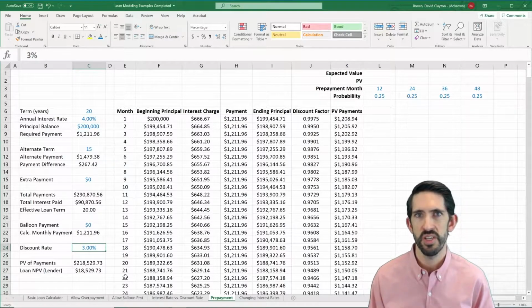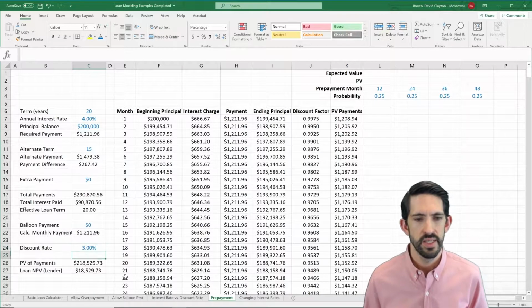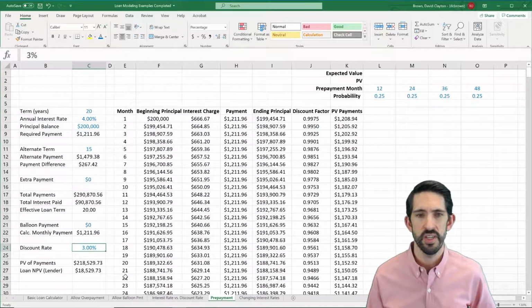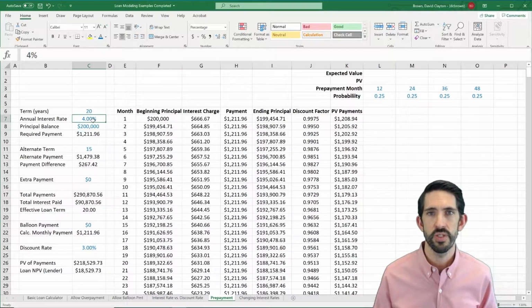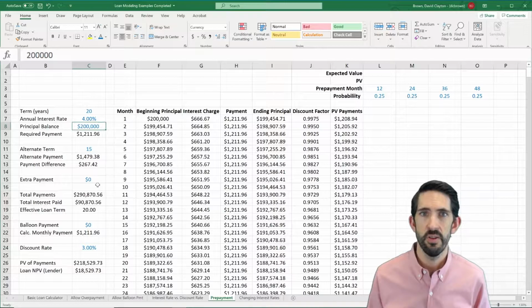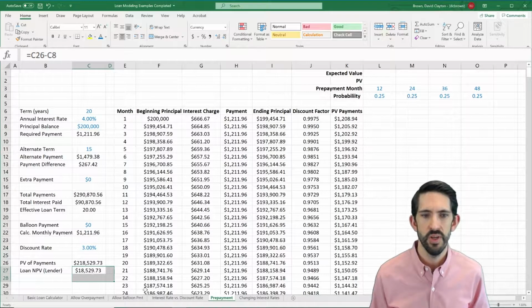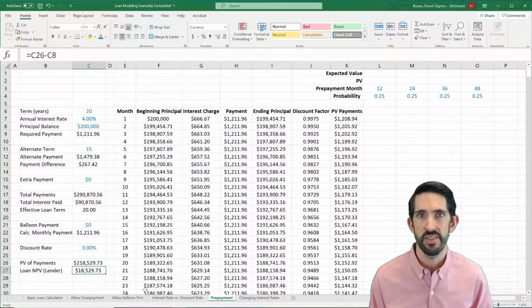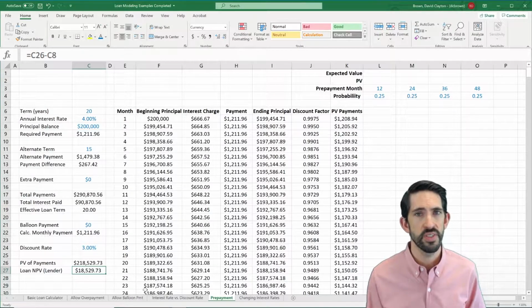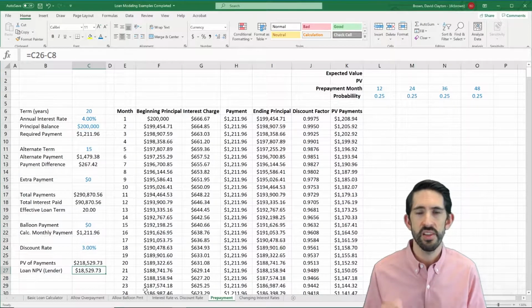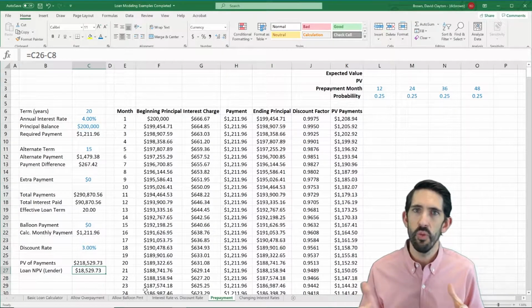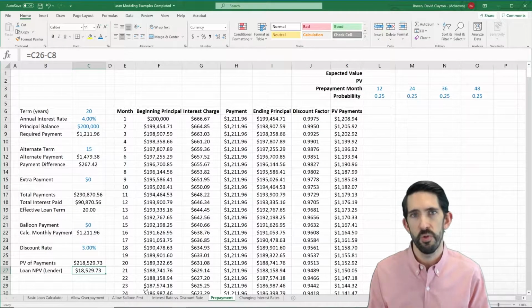So if 3% is what they can borrow at, now their discount rate is 3%, whereas the interest rate is 4%. So on this $200,000 loan, what's this loan worth to them? Well, $18,000, right, in present value terms. So this is how banks essentially make money. They borrow at 3%, lend at 4%, and make that 1% difference over a long run of time.